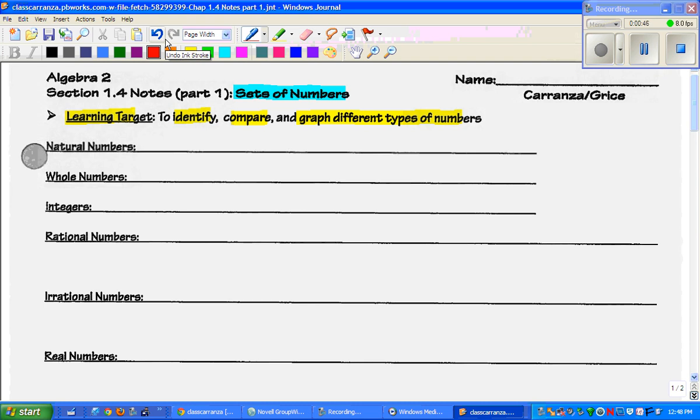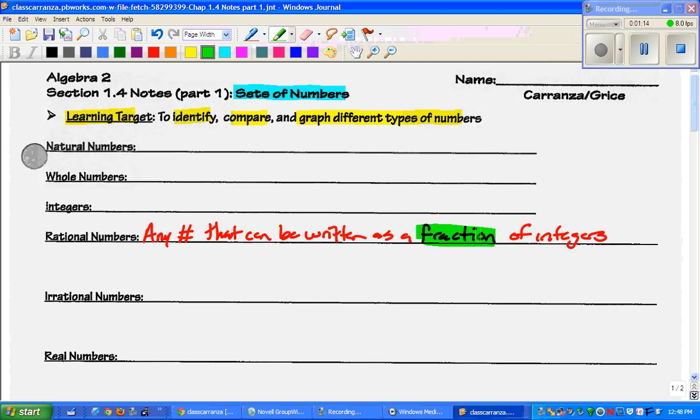Okay? Now, a rational number is any number that can be written as a fraction of integers. And the key thing right here is it has to be able to be written as a fraction. Okay?